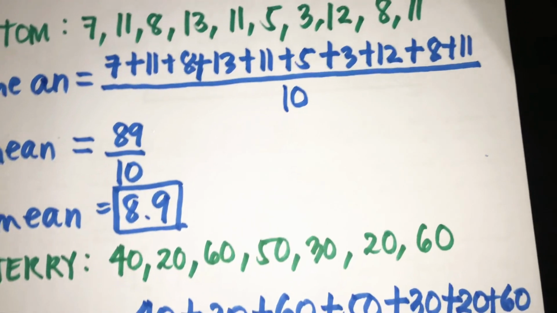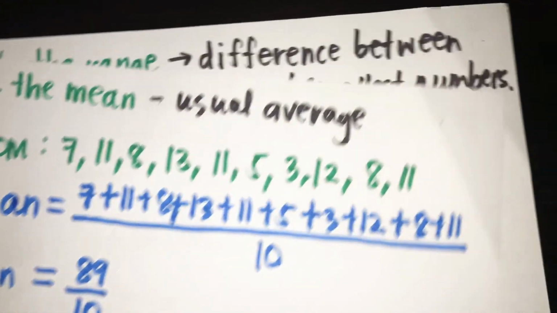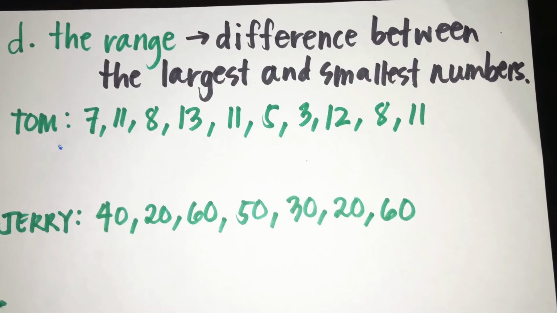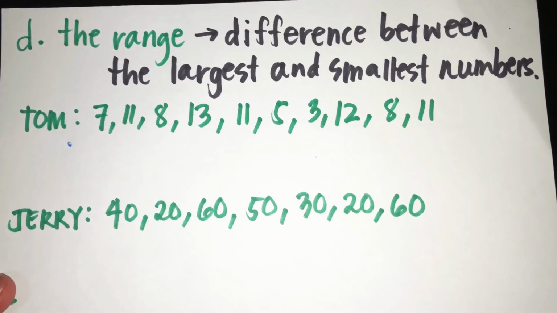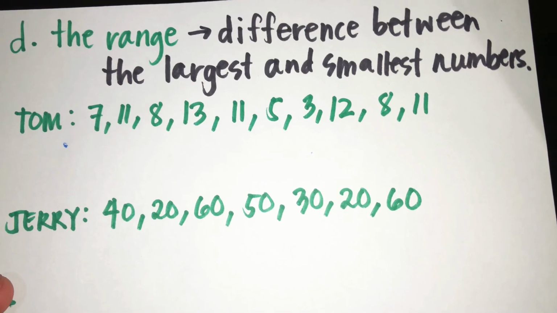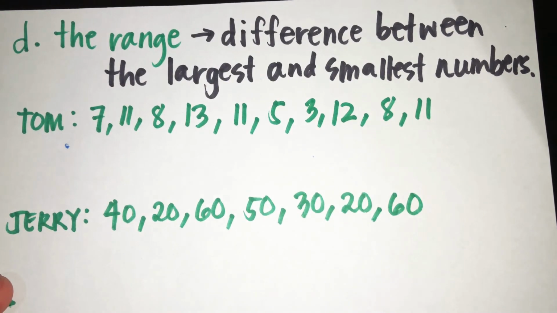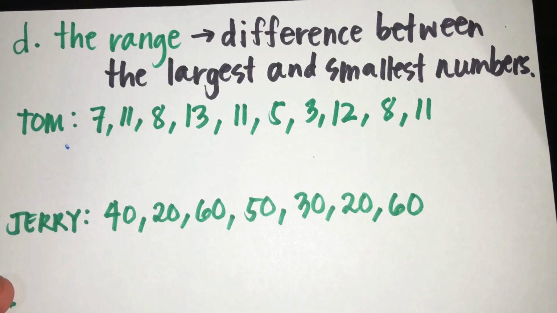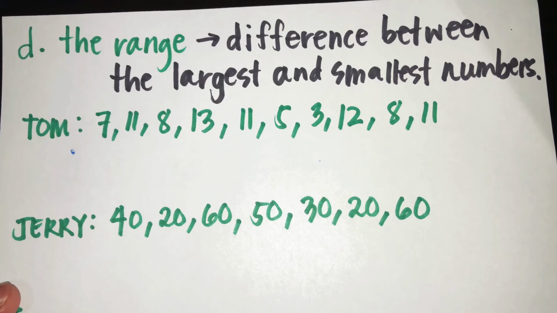Okay? Now for the last one, we have the range. Now when we say the range, it is just the difference between the largest and the smallest number. Okay? Now the larger the range, the more spread out the values. Okay? So let's start first with Tom. Okay?